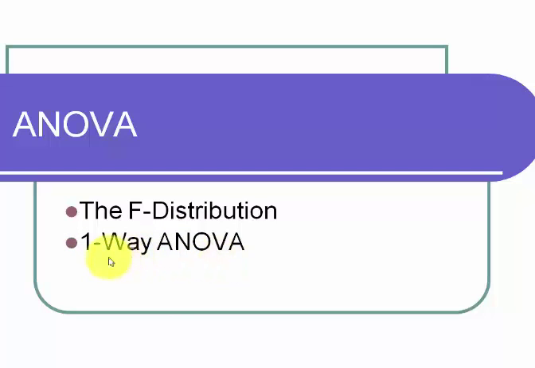So we'll talk about the one-way ANOVA test, which is a test to find out if many quantitative variables have the same mean, or if they don't have the same mean. And then after that, we'll actually be officially done with the class, but we have had lots and lots of hypothesis tests. I think that it's a good idea to go back and say, well, how do we know what test to use? So I want to summarize all the different tests that we've had in this class.